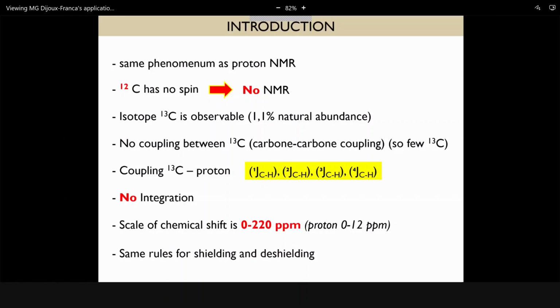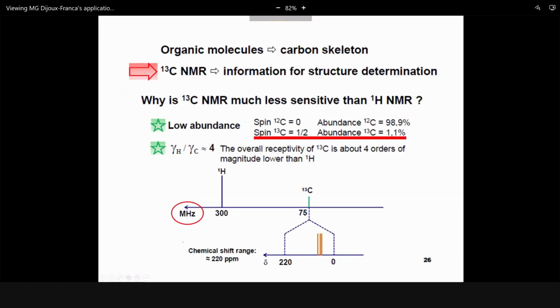So if we increase the density of electrons around the carbon, we will decrease the chemical shift. But if we decrease the electronic density around the carbon, we will increase the chemical shift. We will see that later.